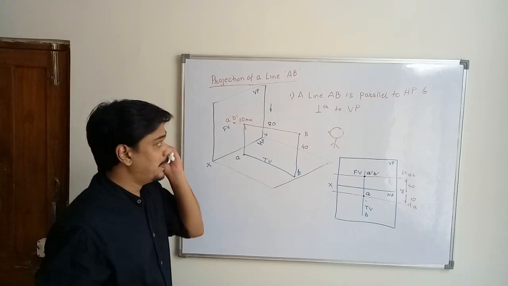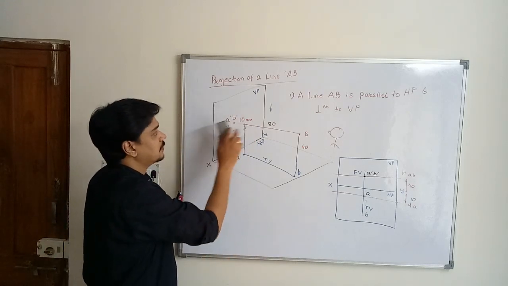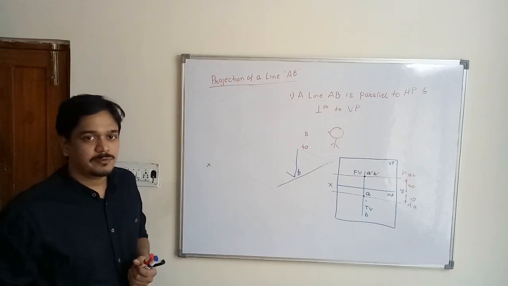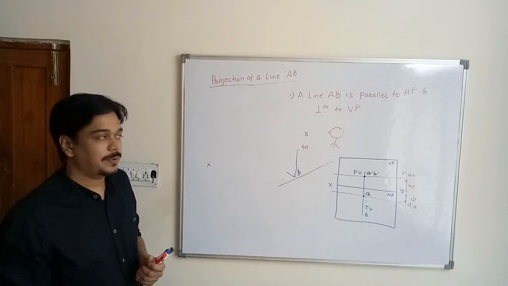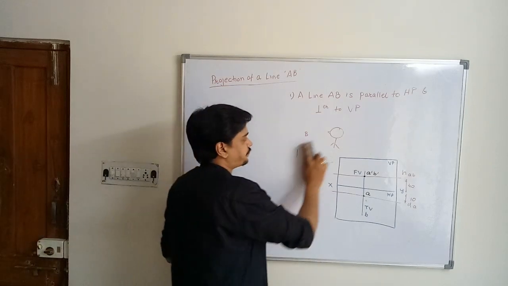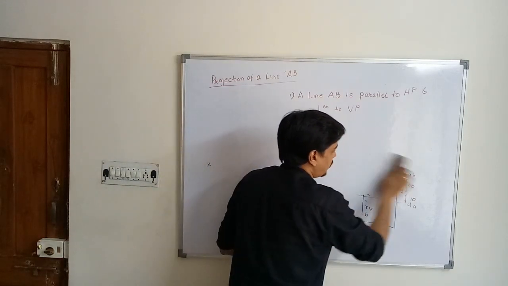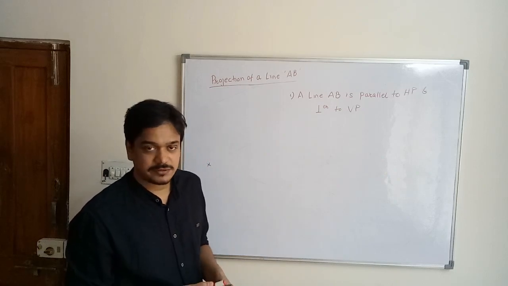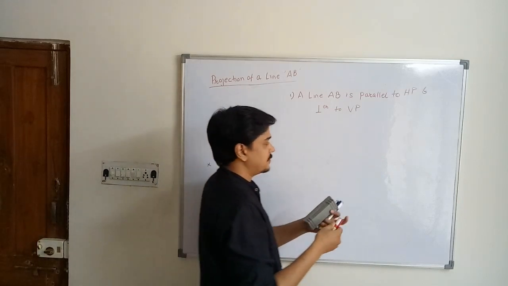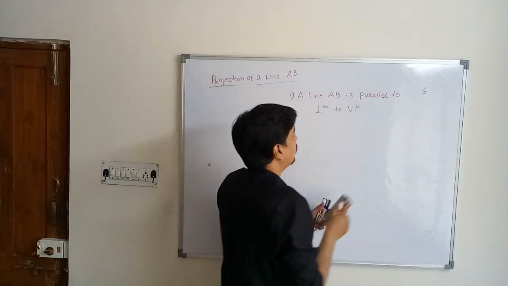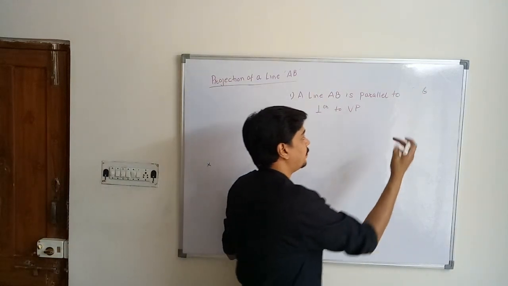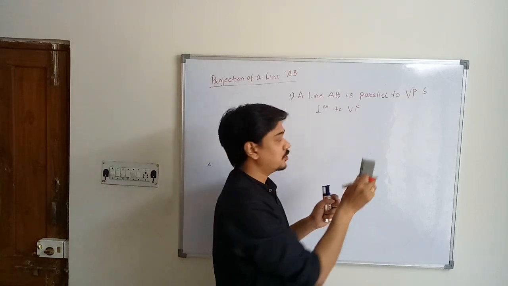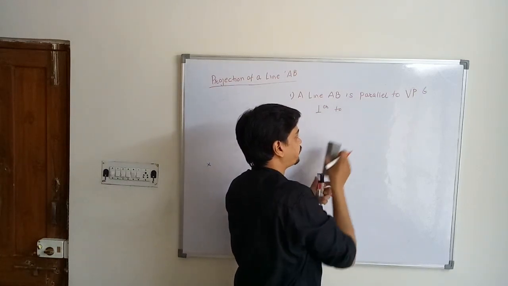So our next position of a line is a line that is parallel to the vertical plane and perpendicular to the horizontal plane. So let us see what difference it makes. So what is the position? Now line AB is parallel to the vertical plane and it is perpendicular to the horizontal plane.